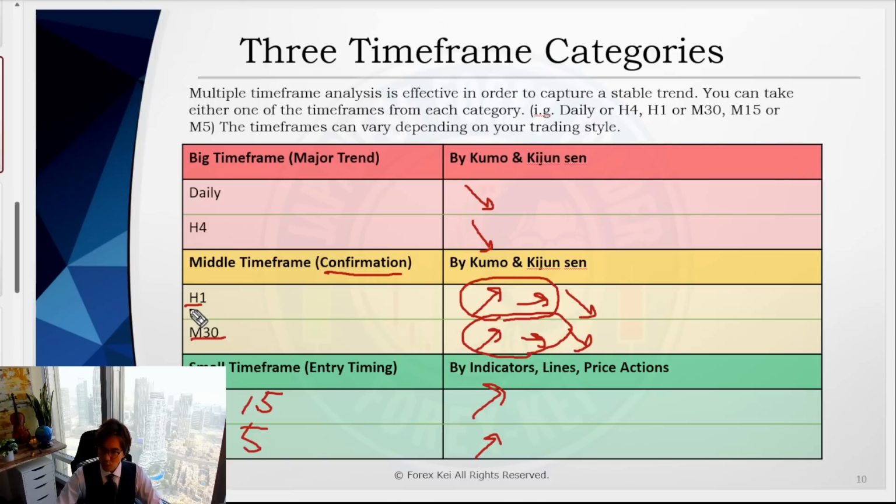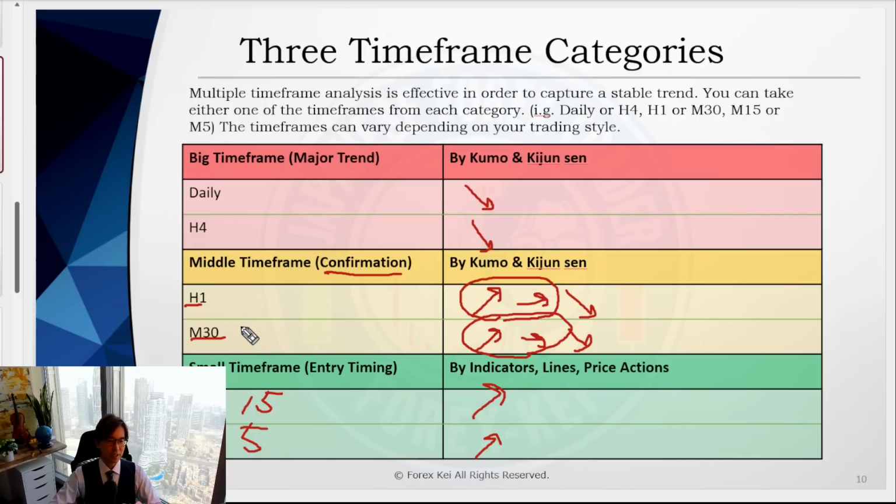When H1 and 30 are flat, usually traders lose because the market ranges on the lower time frames. And from here, it may go down because higher time frames are downtrending. So H1 and 30 may follow the downtrend in the long run, but if they are ranging or up, then the chance is 50-50 on these mid time frames.